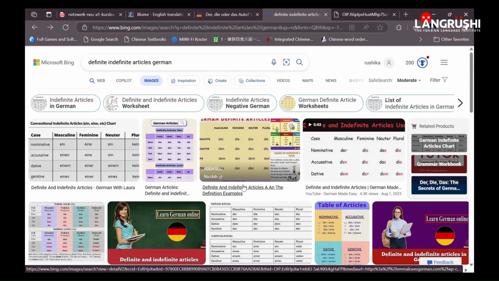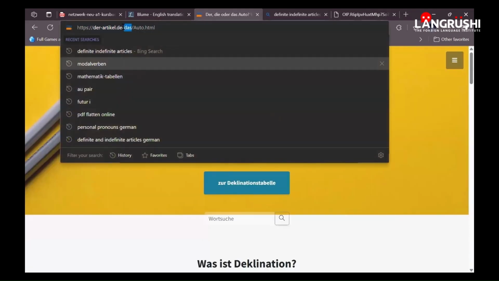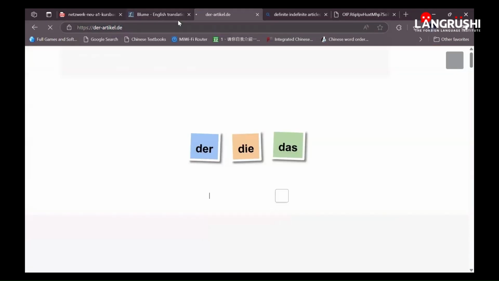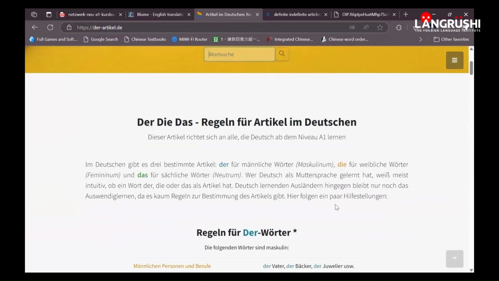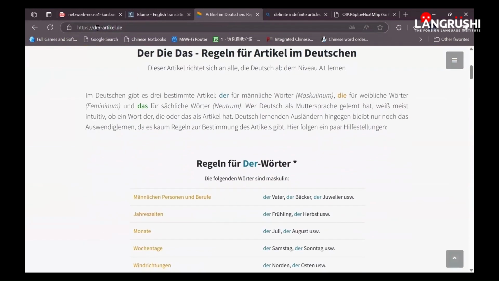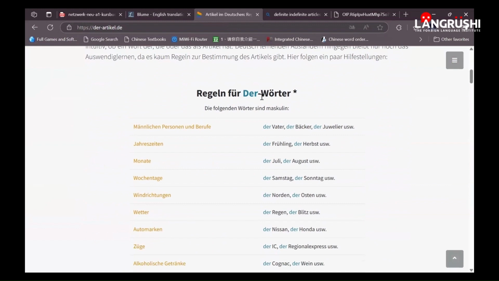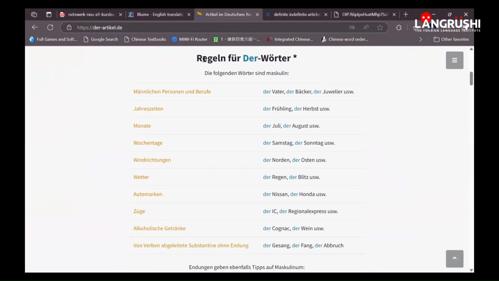Okay. Now, like Anuradha asked, there are certain endings that can tell us that this word must be feminine, this word must be masculine. On the same site, der-die-das.de, you'll find a list. Here are some of the Regeln, that is the rules.